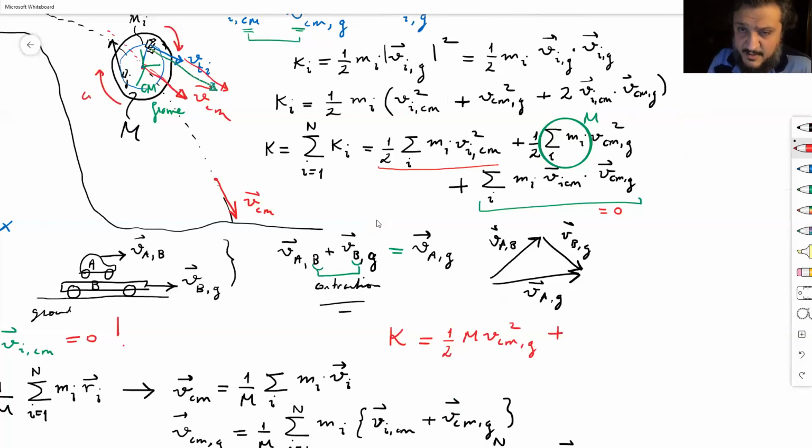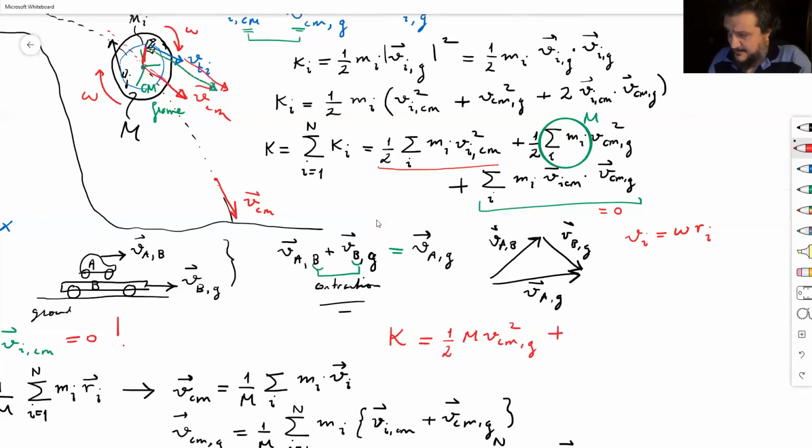Remember, omega is the same for all points on the disk. What changes is the v_i's. So I'm going to write v_i in terms of omega by multiplying omega by r_i. This is r_i here. That is the distance from the center of mass, or axis of rotation.